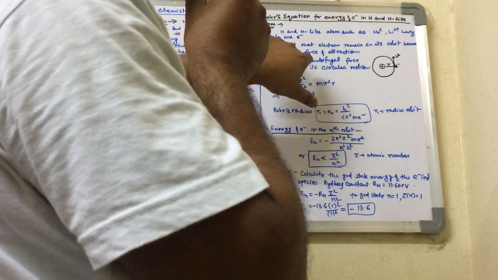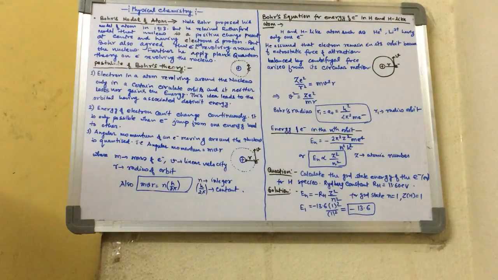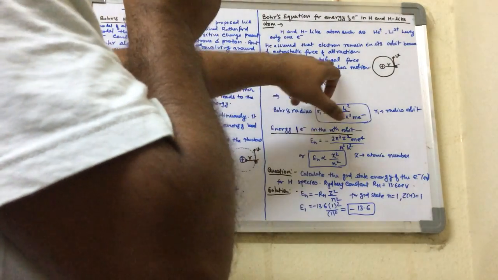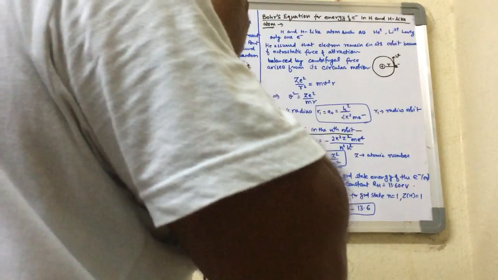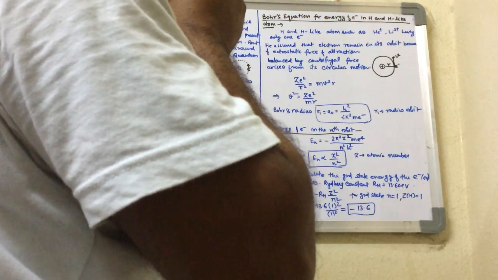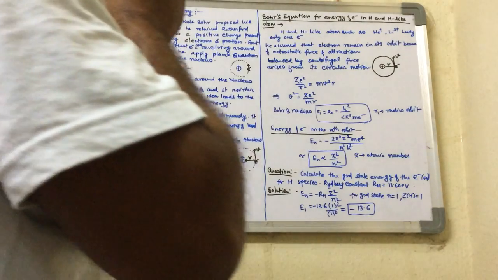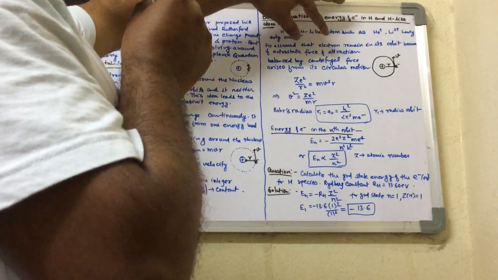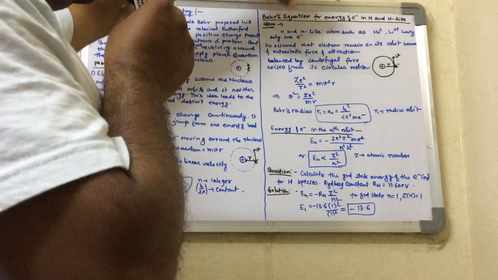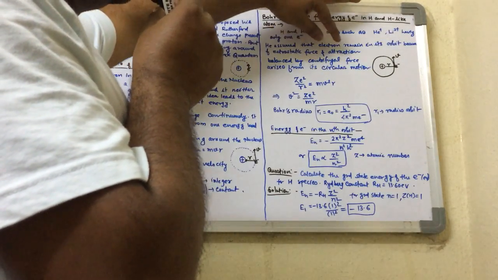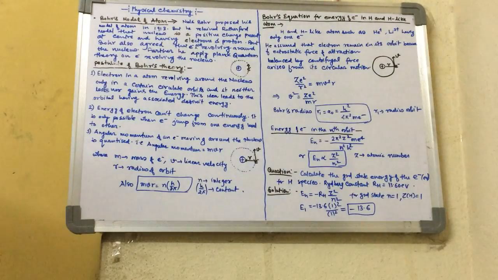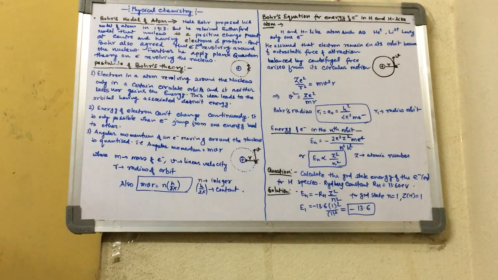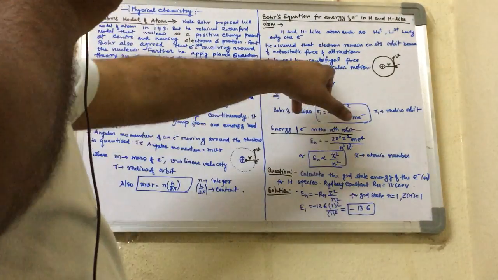This force is balanced by the centrifugal force, which arises from its circular motion. So the electron remains in its orbit because of the electrostatic force of attraction, and this force of attraction is balanced by the centrifugal force which arises due to the circular motion.